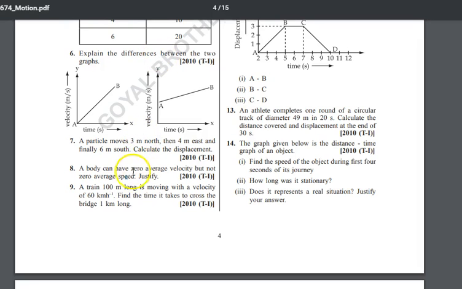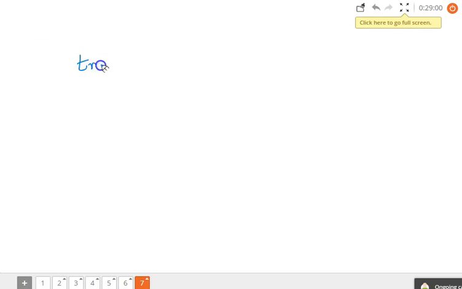Next question. A train 100 meters long is moving with the velocity of 60 km per hour. Find the time it takes to cross a bridge 1 kilometer long. What is the train length?